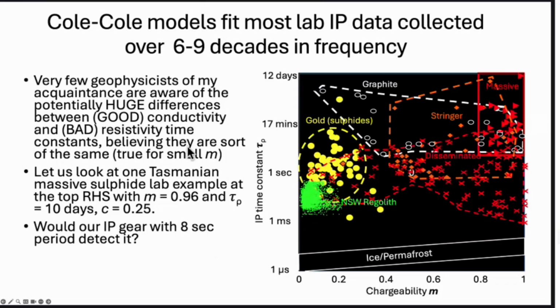I'm going to look at one Tasmanian massive sulfide example at the top right-hand side. That had a chargeability of 0.96, a time constant of 10 days, and a frequency dependence of 0.25. So you might think, gee whiz, if we're only measuring for a couple of seconds with our standard IP gear, would we see it?